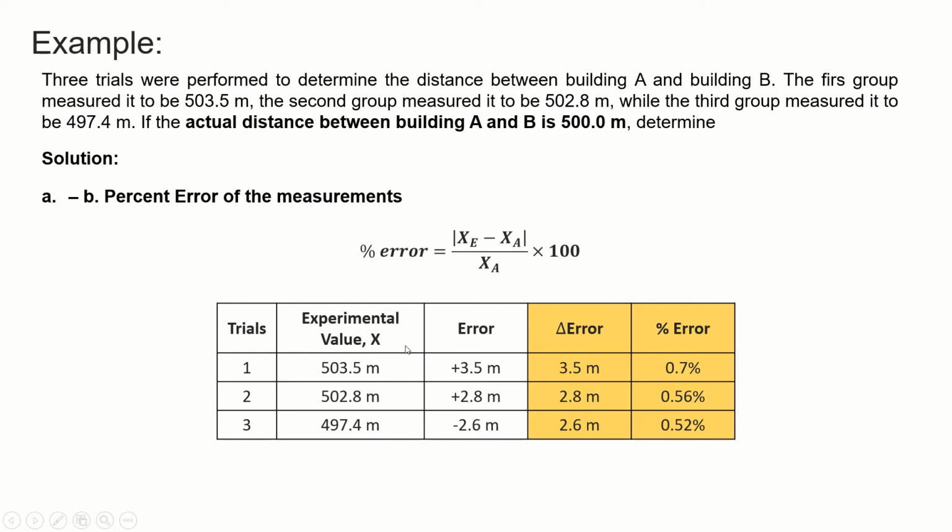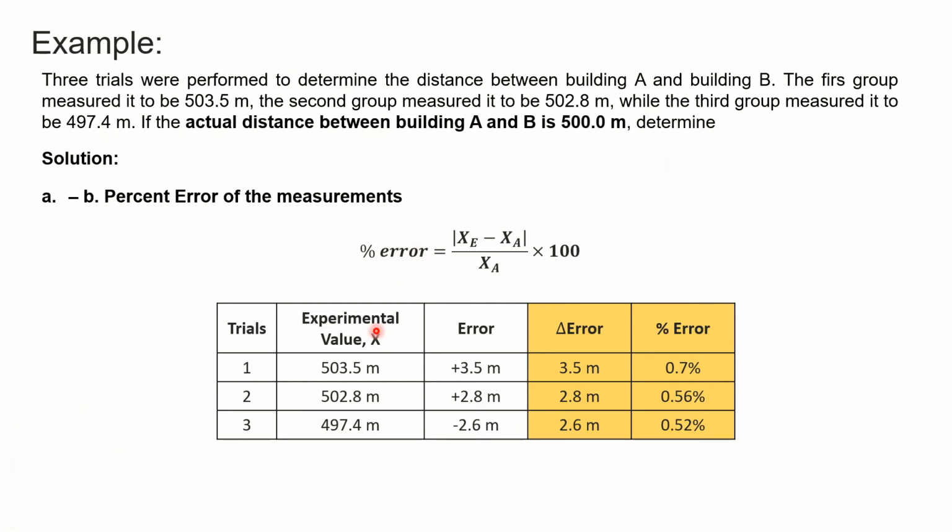To solve for the error, we simply subtract the actual or accepted value from our experimental value. So 503.5 minus 500. Let me use my laser pointer.